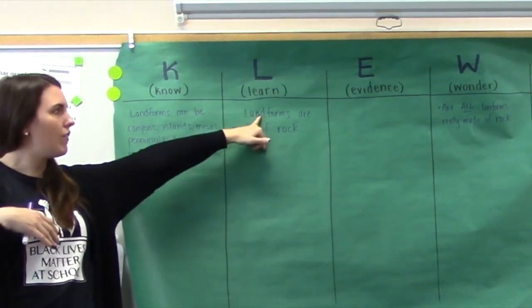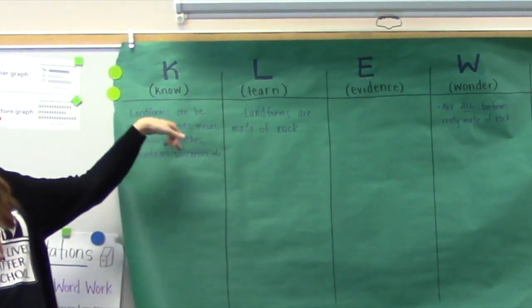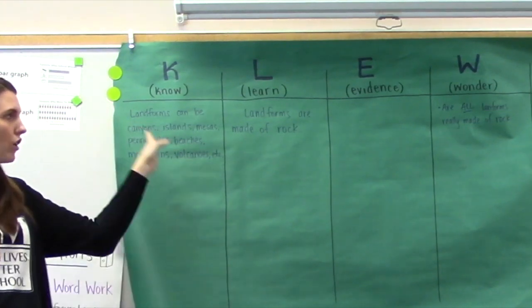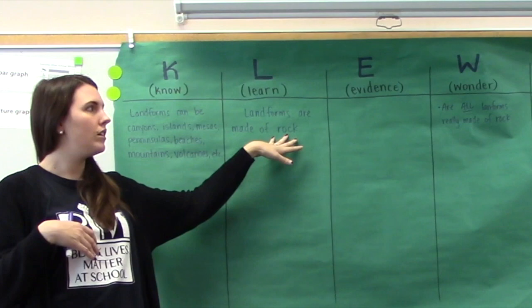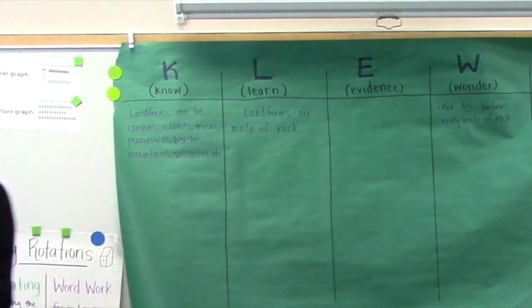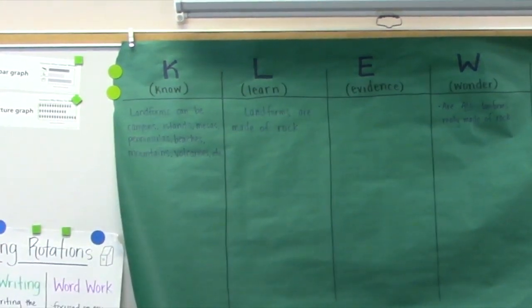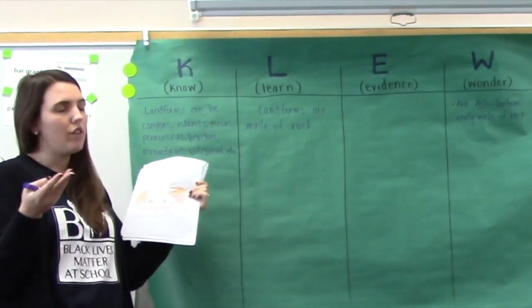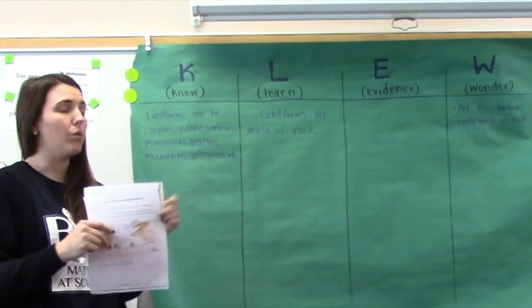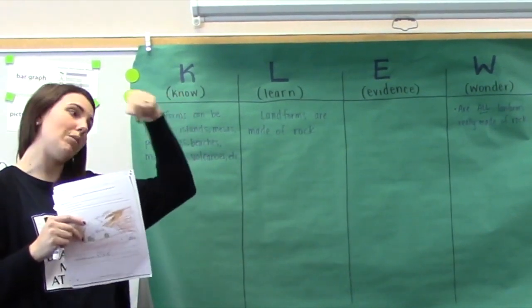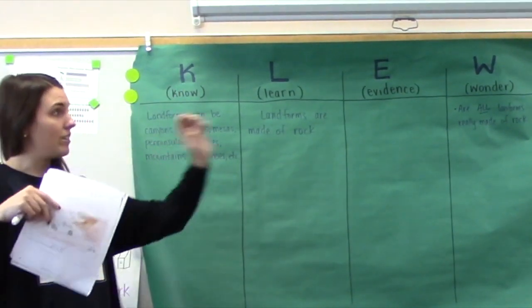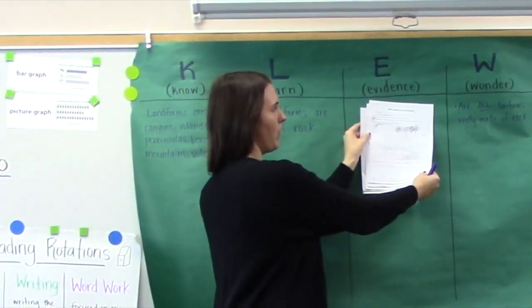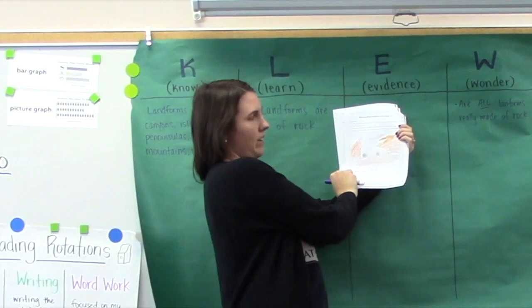So I think the landforms that we're thinking of, canyons, islands, mesas, peninsulas, beaches, mountains, volcanoes, all of those are made from rock. And we saw that last week when we revised our thinking and all realized that all of the landforms we picked were made from rock. We did research in those books that we read together, and it caused us to, I'm going to put these up here, change our minds to go from that to that.